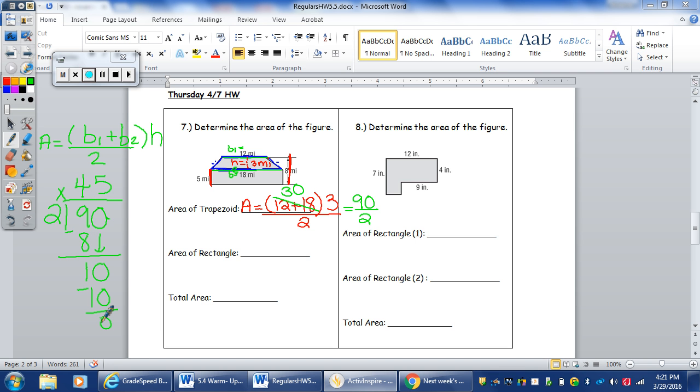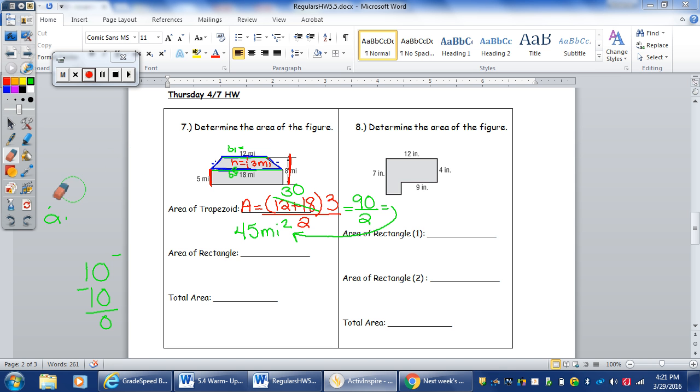And since I zeroed out, I can now stop. So the area of just my trapezoid is 45 miles squared. But I am not done yet. I still have another shape that I need to calculate the area for.